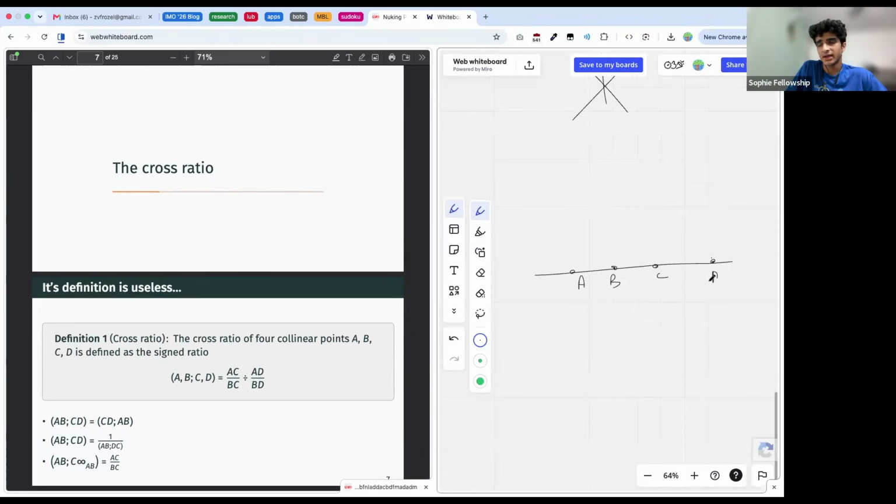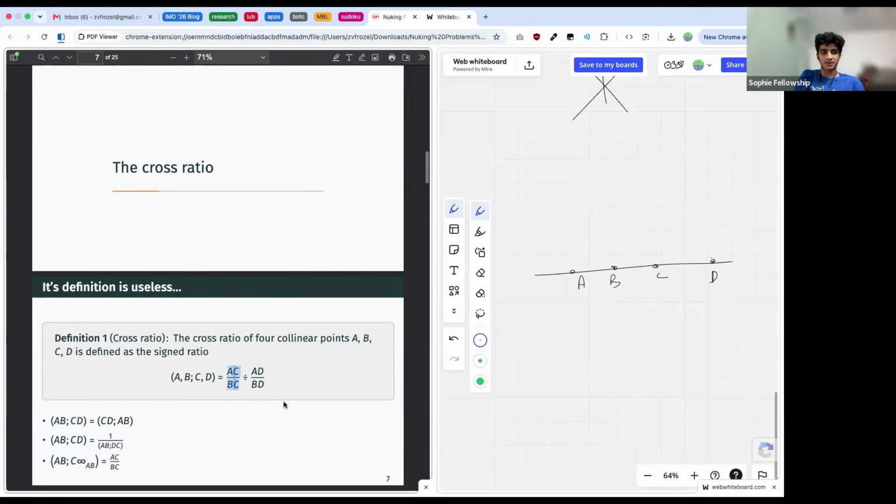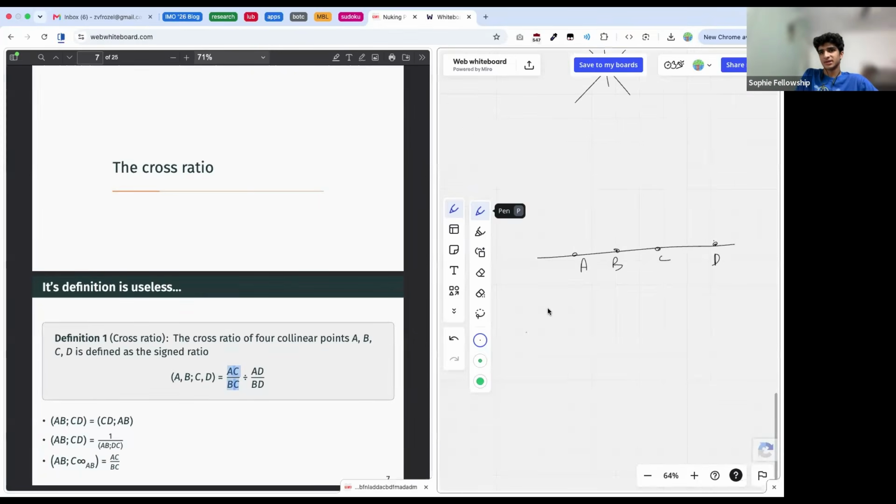You define the cross ratio as the signed ratio AC divided by BC, and then you take the ratio of that with AD divided by BD. So you have two ratios and you're taking the ratio of those, which gives you the cross ratio. You can also write this as ABCD with the commas dropped. That's fine.